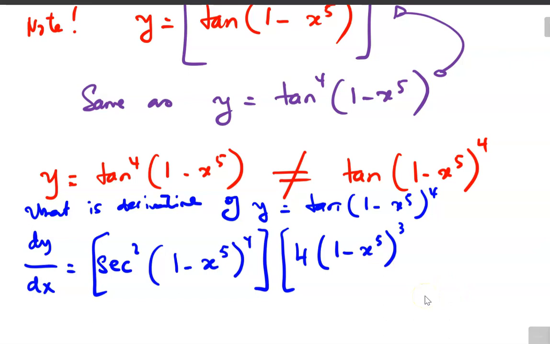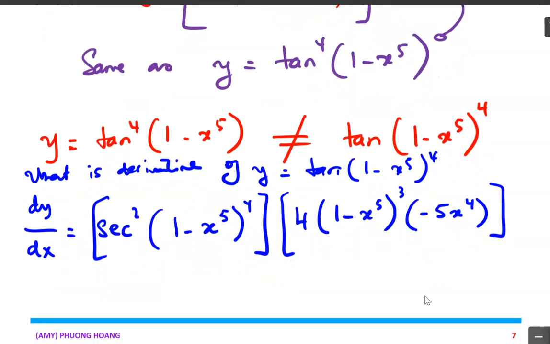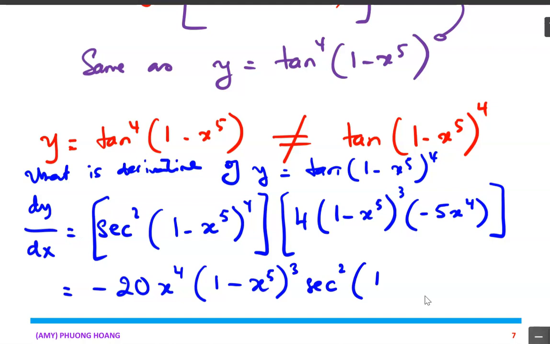So in this case, you should have negative 5x to the exponent 4. Okay, so in the end, the final answer for this would be negative 20 x to the exponent 4 times 1 minus x to the exponent 5, all of it raised to the exponent 3, and then my secant square of 1 minus x to the exponent 5, all of that raised to exponent 4.